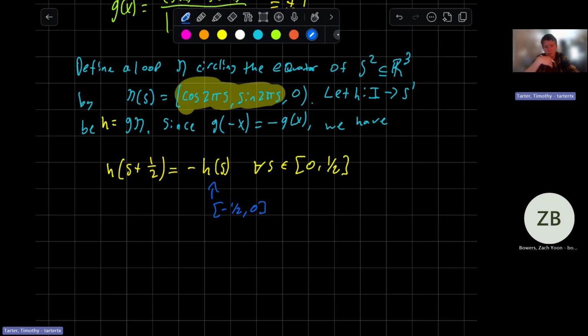And so then the unit interval is not wrapped from 0 to 1, but it's from minus 1/2 to 1/2. Does this make sense to you, Zach?